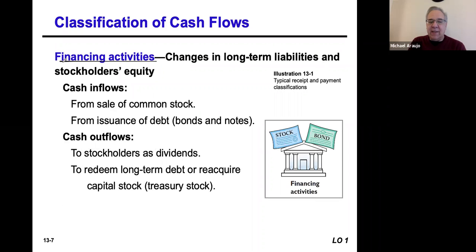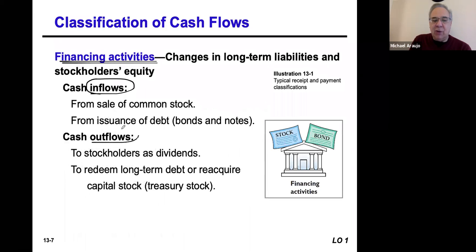Lastly, the financing activities are really on the balance sheet on the liability and stockholders' equity side. And again, we're still looking at it from cash coming in or cash going out from these activities. So anytime they sell common stock, they're going to be collecting all that cash from the new owners. So cash coming in.